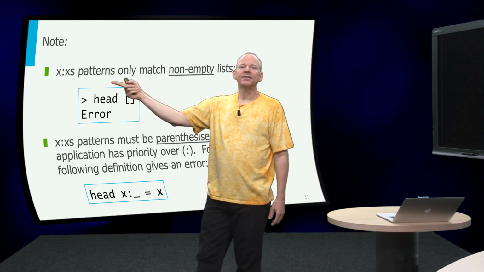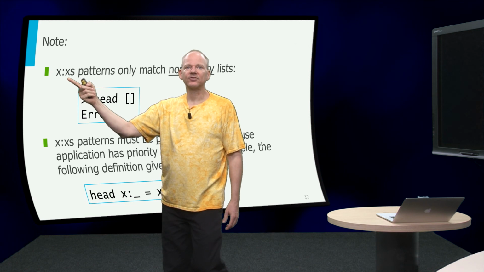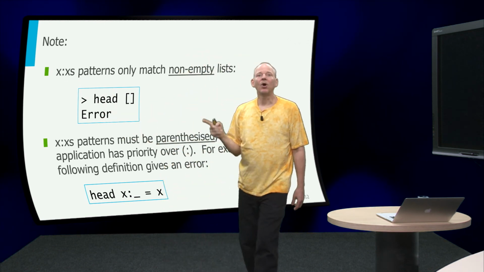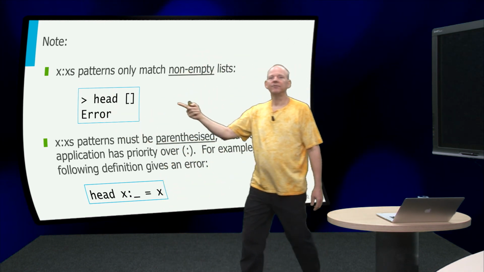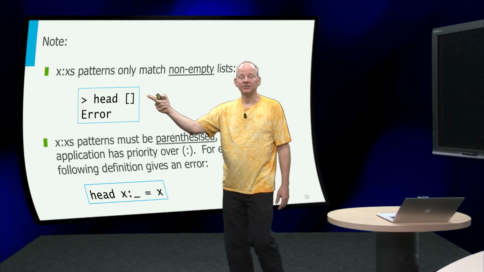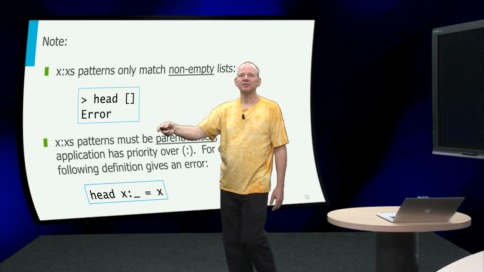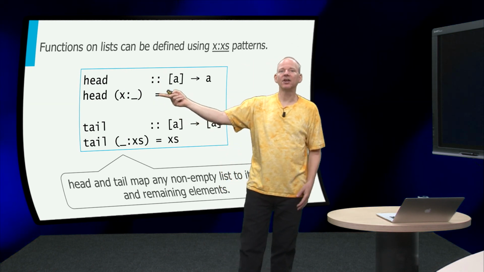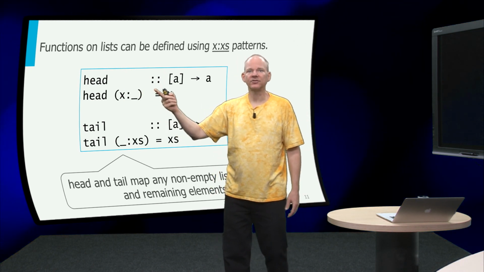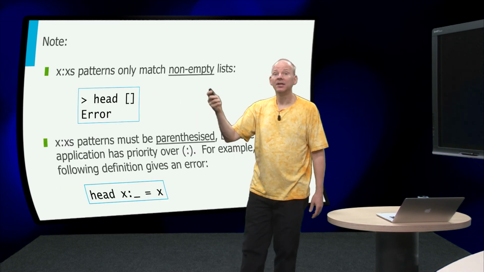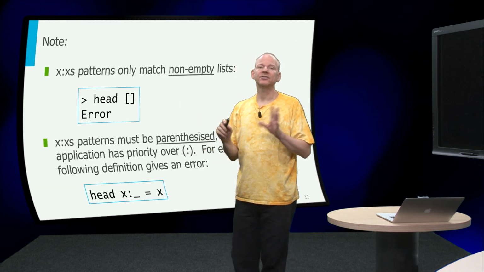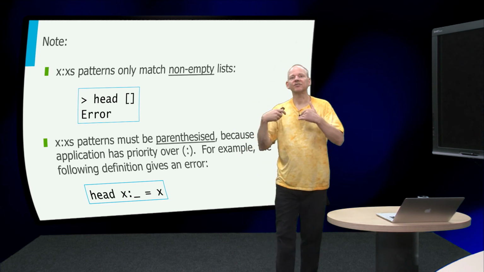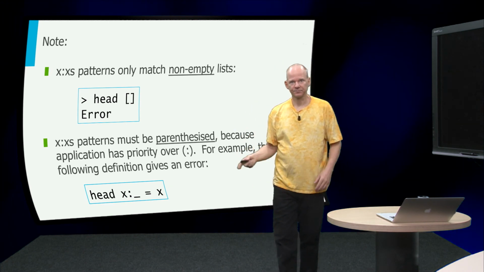Another way to say that is that a pattern like this, x cons xs, only matches a non-empty list. So if you call head with the empty list, this pattern here doesn't match because it's not of the form x cons anything. Okay? So when you see head of empty list, there's no case that matches, you get an error.